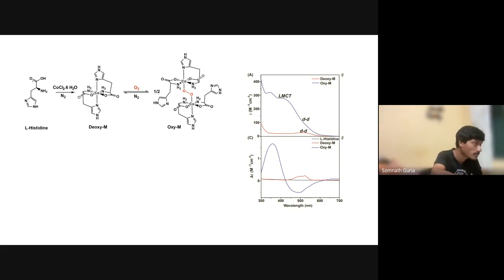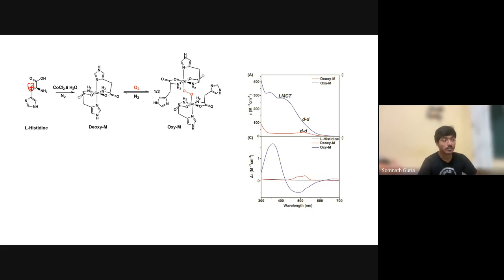We have the chiral center over here, and we have cobalt as a metal, and it forms the deoxy cobalt complex with the histidine. And then if you pass oxygen, it will reversibly bind the oxygen, and that is monitored by UV-Vis as well as CD spectroscopically.